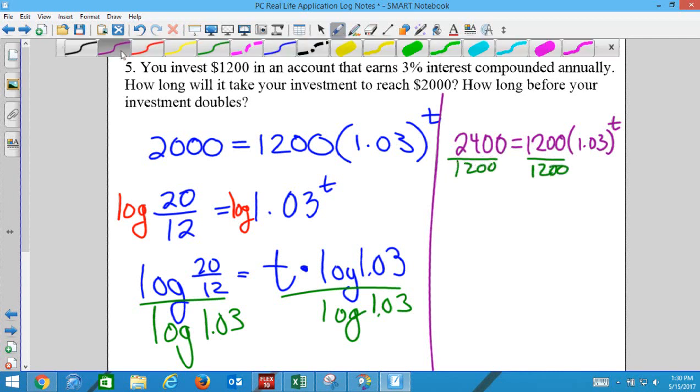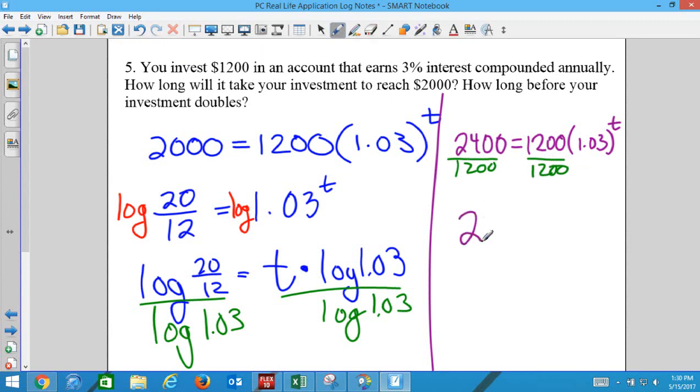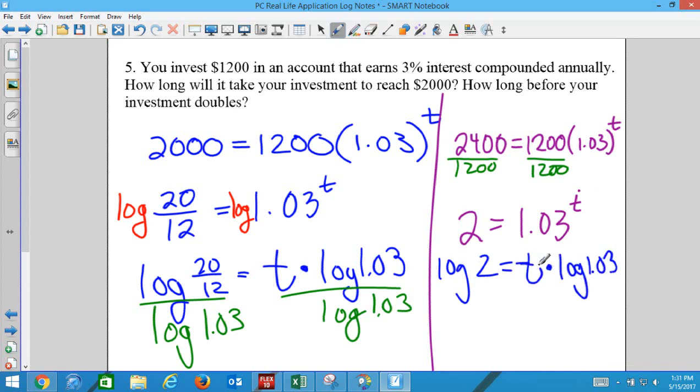When I divide by 1,200, I get 2 equals 1.03 to the t. It does not matter what my original starting money was. If I double it and then divide by that number, I'm always going to get 2 here. So I really didn't need the first step. Then we log both sides: log 2 equals t multiplied by log 1.03, and then divide by log 1.03.